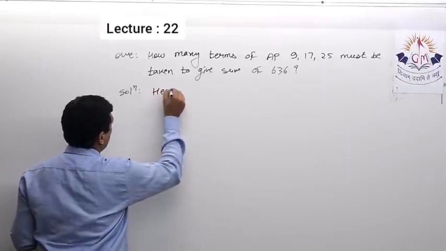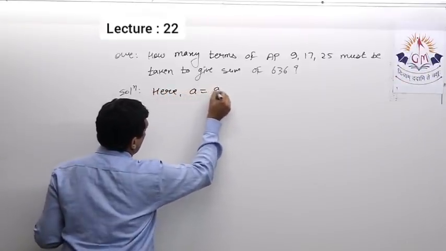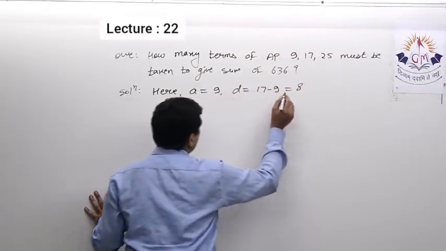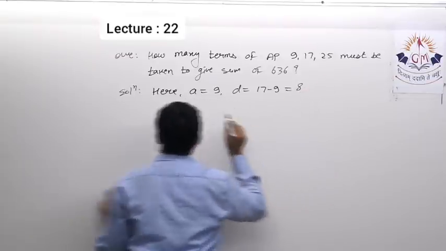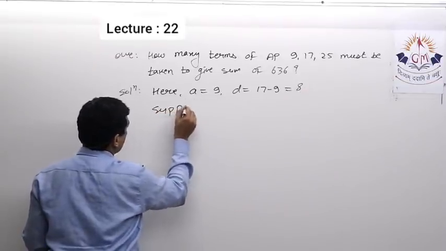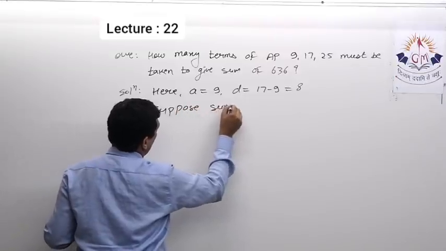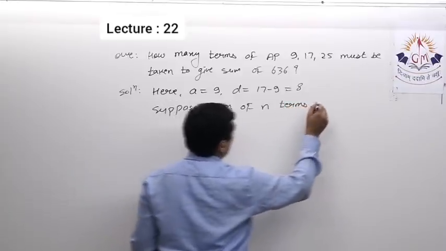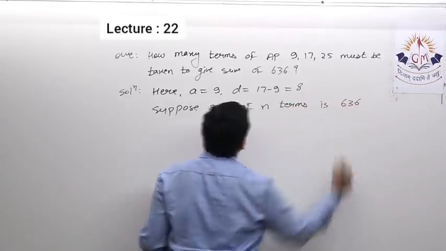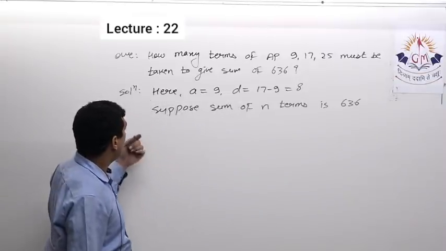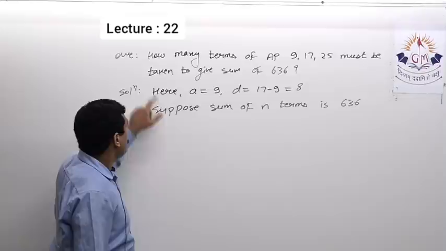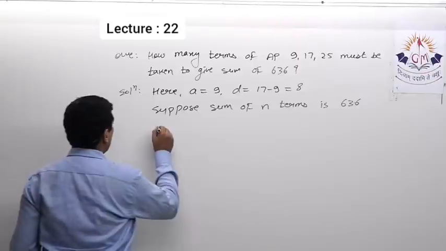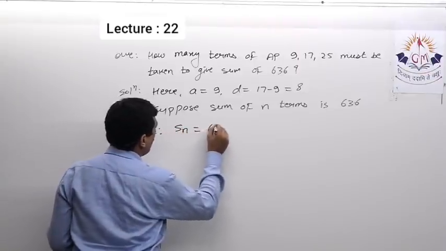So here a is equal to 9, d is equal to 17 minus 9, that is 8. Suppose sum of n terms is 636, or suppose n terms must be taken to give sum 636, therefore Sn is equal to 636.